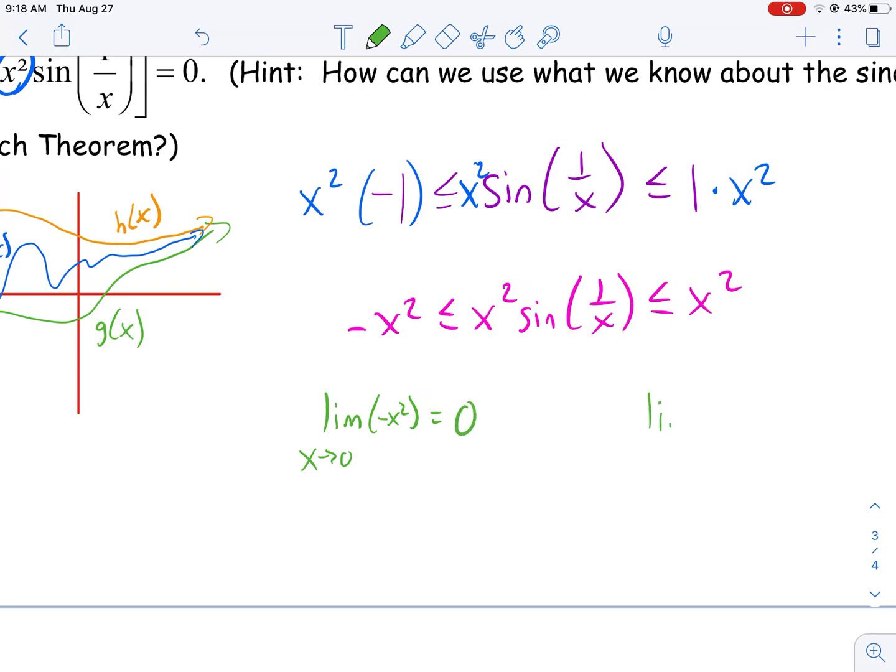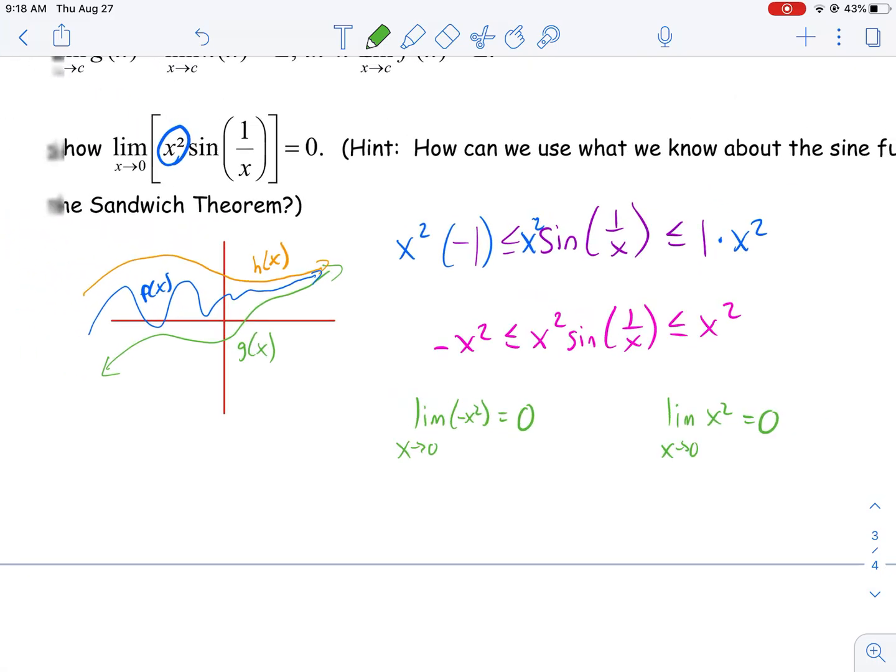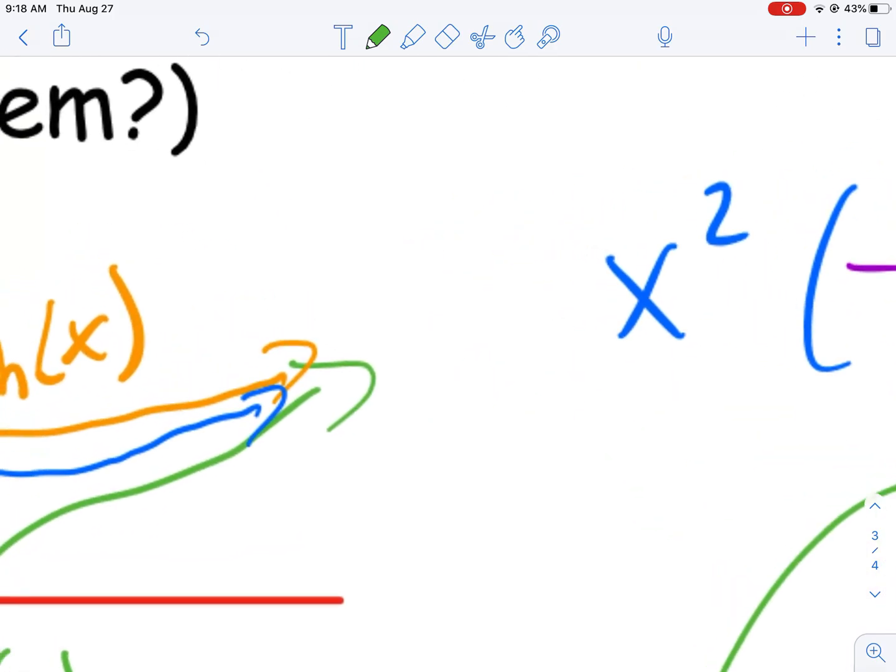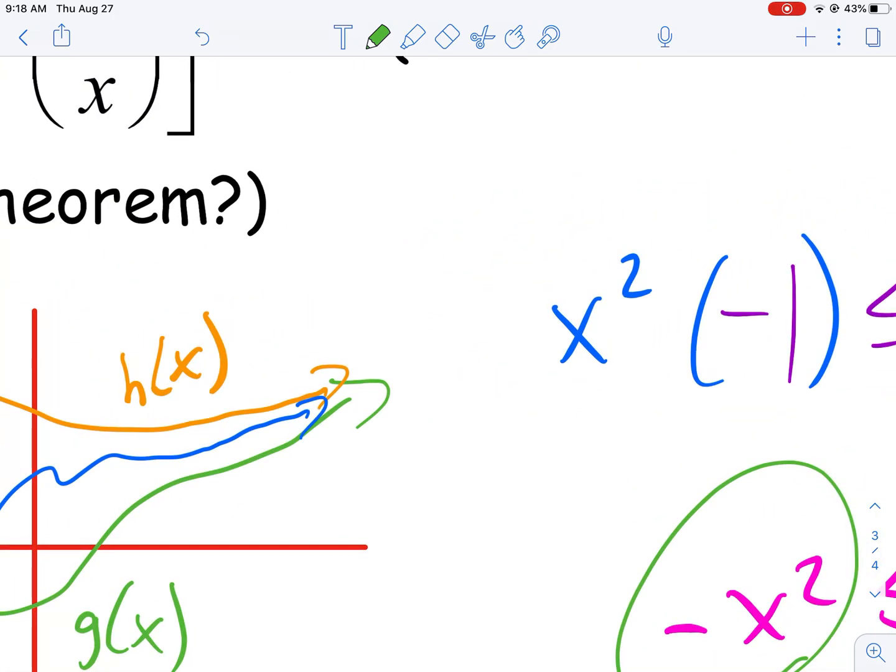So that's 0. The limit of x squared as x goes to 0 is also equal to 0. So we've shown that the limit of this function and this function as x goes to 0 equals 0. Therefore, since this function is always between those two functions, its limit must also go to the same place that the other two functions go to, which is what I was trying to illustrate in this picture.